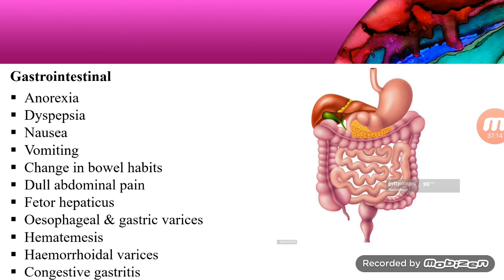Hematemesis means what? Blood in the vomit. Blood will be there while vomiting. That is hematemesis. Then hemorrhoidal varices. What is that? The enlargement of the veins in the rectal area, lower rectal area.